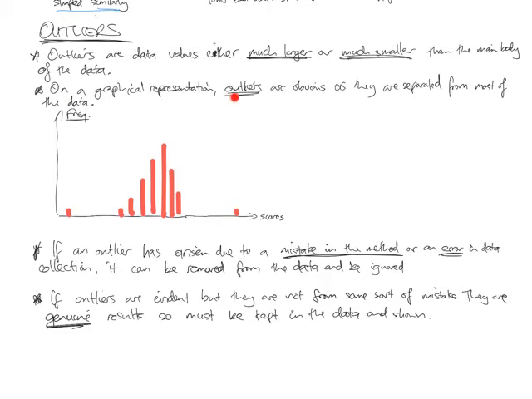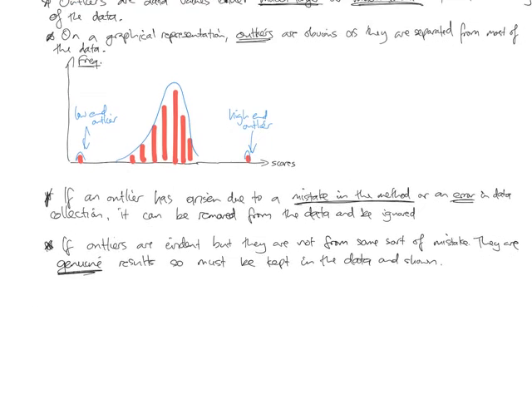So in a graphical presentation, outliers are obvious as they're separated from most of the data, so you've got a low end outlier, and a high-end one here. This is the main body of the data, but you've got data values extremely high and extremely low. That would be classed as outliers because they're exceedingly different.